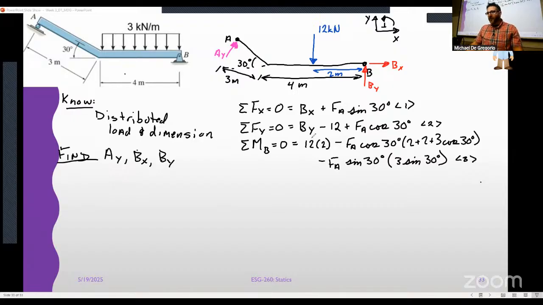The other force that we have is FA or AY. I need to first break that down into the components of the force. In the x direction I have a force FA times sine of 30. Why is it the sine of 30? Let me draw something really quick. Because this is the angle we're talking about, and that's 30 degrees.